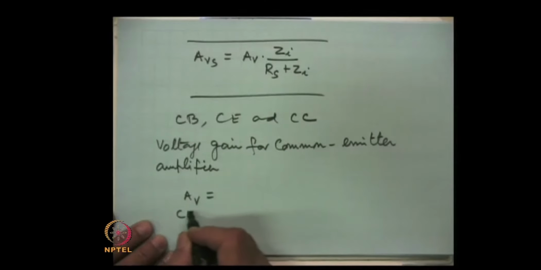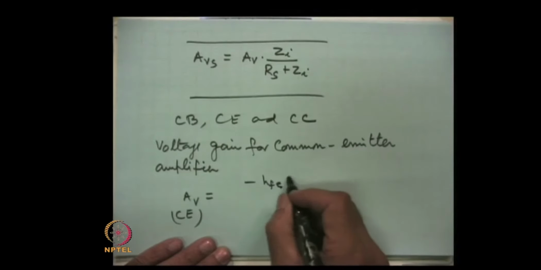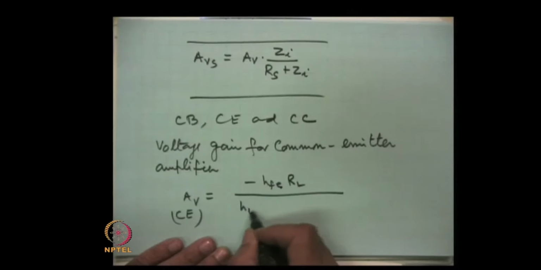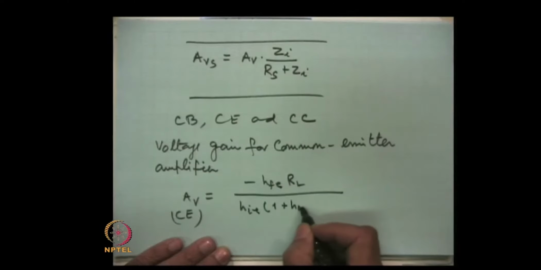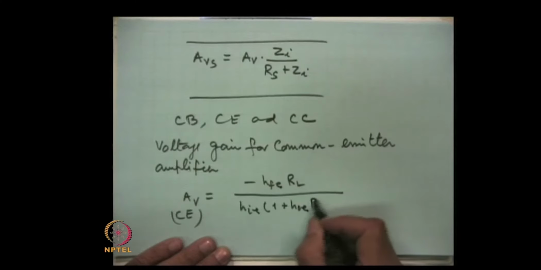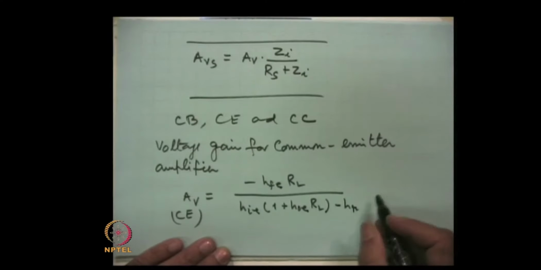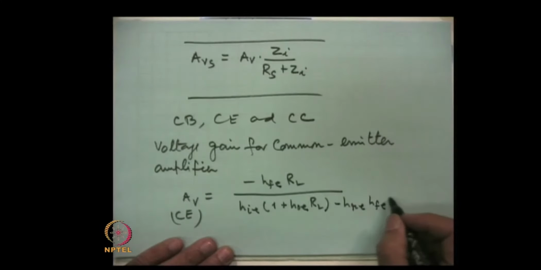for CE amplifier, HFE RL by HIE into 1 plus HOE RL, minus HRE HFE into RL.